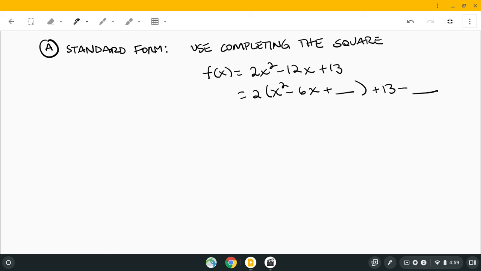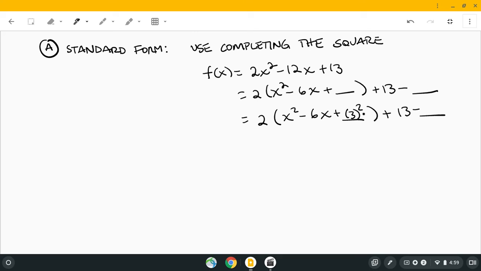I'm going to leave that blank for now so that you can see the steps. The way we figure out what goes here is we take half of 6. Half of 6 is 3, so I'm going to be squaring 3. Again, 3 is half of 6. That's how I got 3.